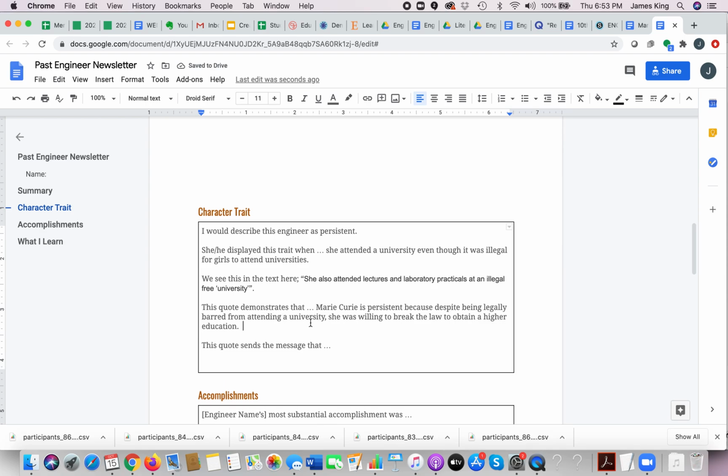This quote demonstrates that Marie Curie is persistent because despite being legally barred, which means banned, despite being banned from attending a university, she was willing to break the law to obtain a higher education.